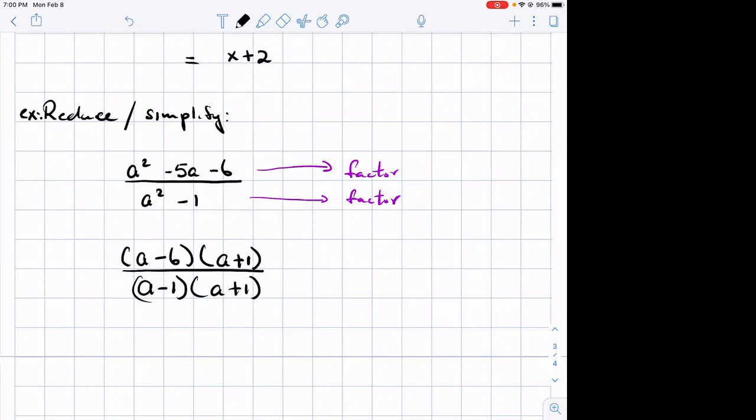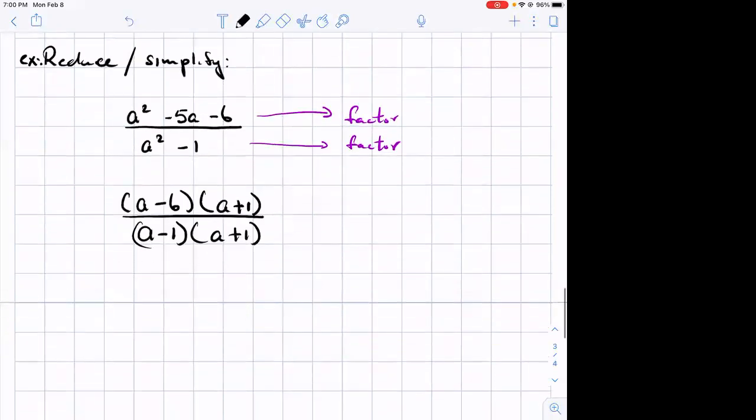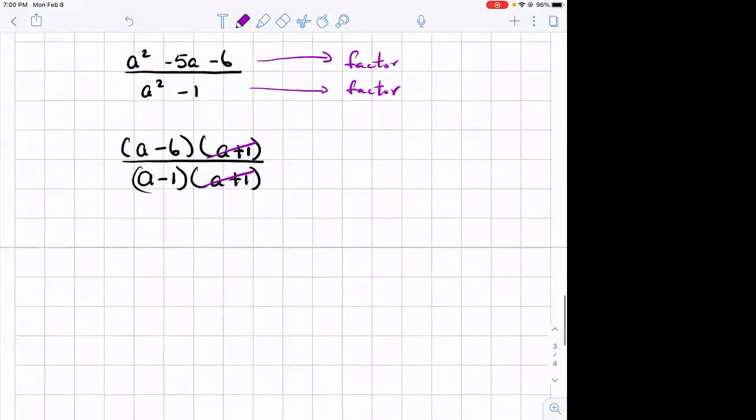And now we look for anything that is alike in both the numerator and the denominator. We see that this is the same as this, so we can cancel it out, which really becomes 1. So this is equal to a minus 6 over a minus 1.